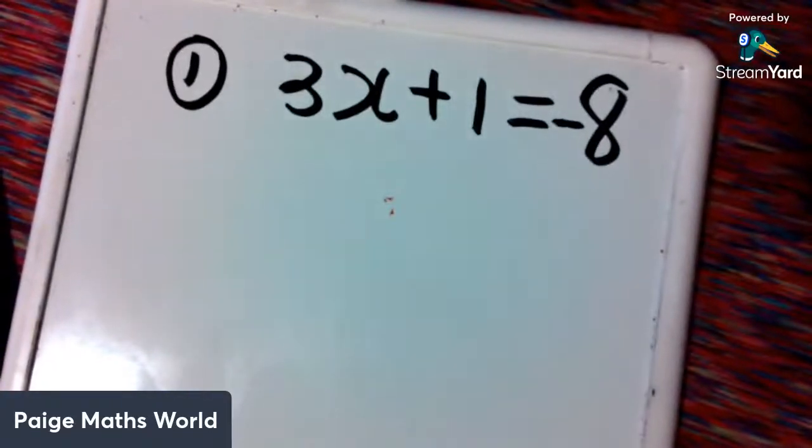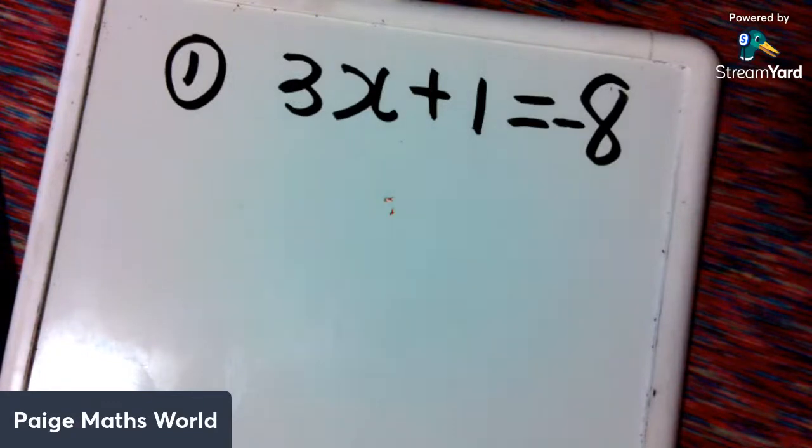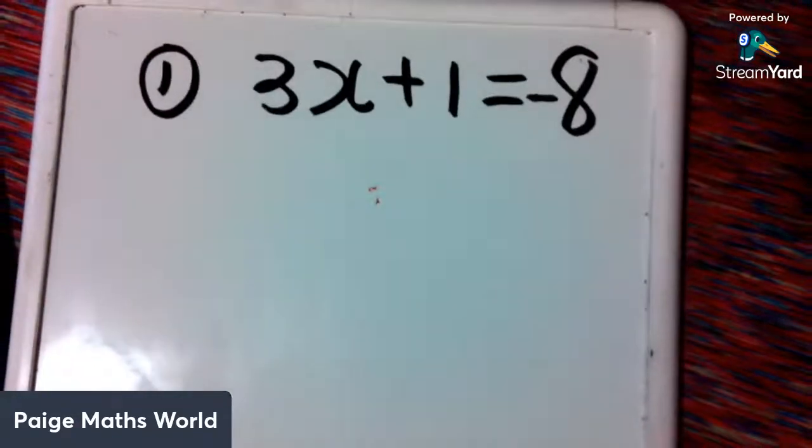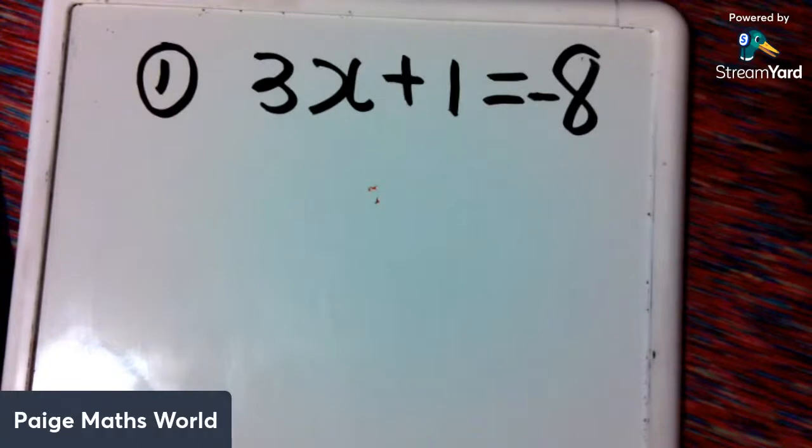And remember, I need x by itself. Again, 3x plus 1 is equal to -8. What is x?